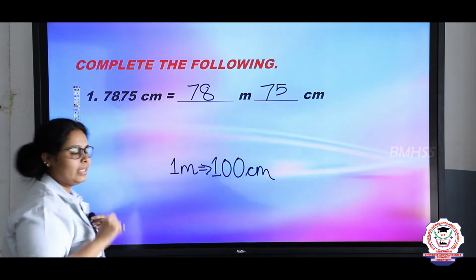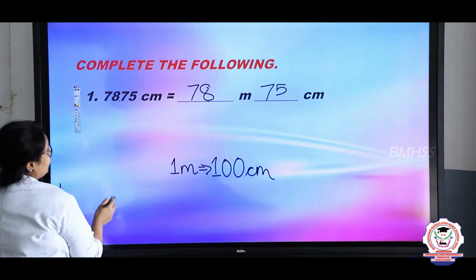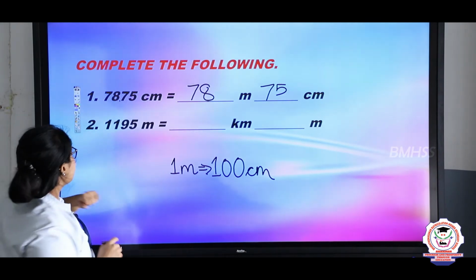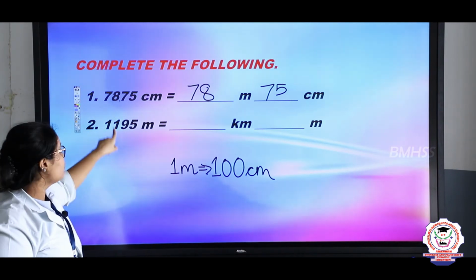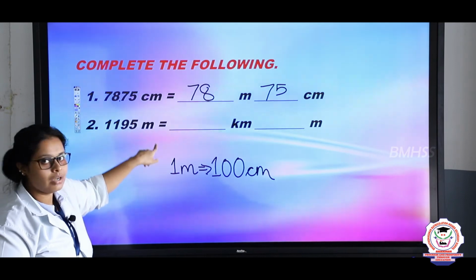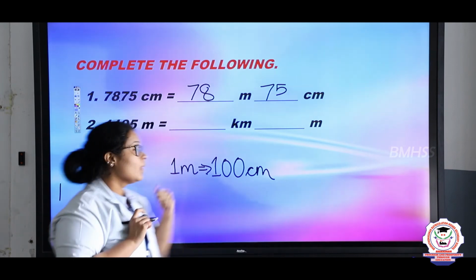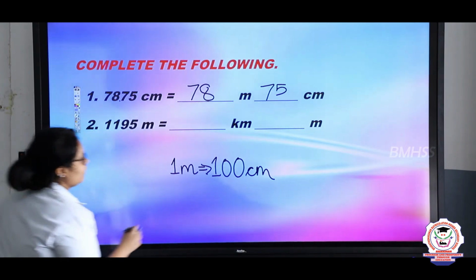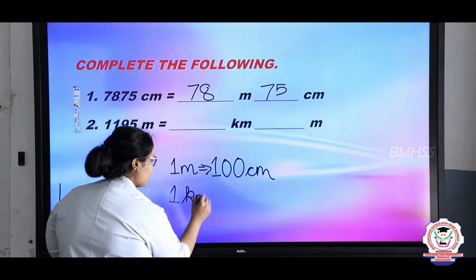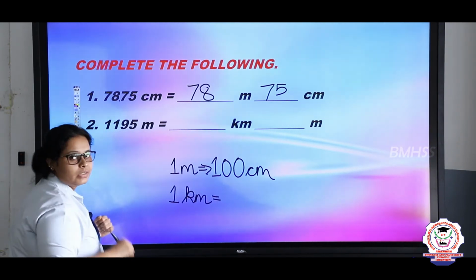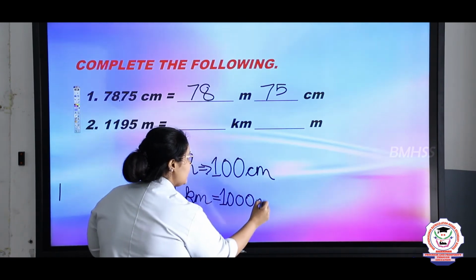Same way, now you need to find the second solution. In the second question, they are asking 1195 meters is equal to how many kilometers and how many meters. So what is the calculation? Here you know that 1 kilometer is equal to 1000 meters.